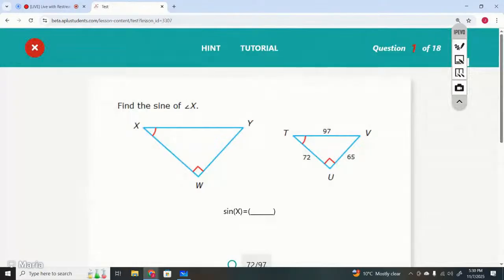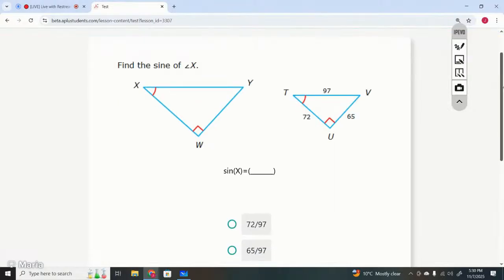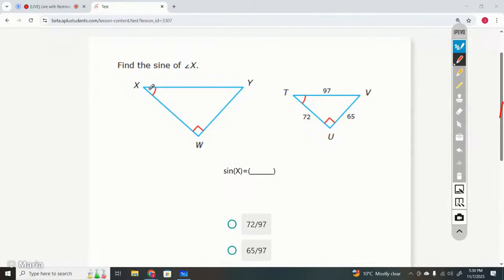Find the sine of angle x. So sine of angle x is xw divided by xy, right? Now you're not given any of the measurements in triangle wxy.